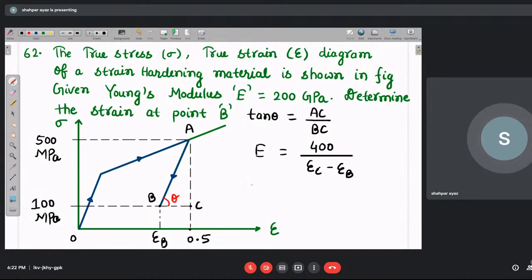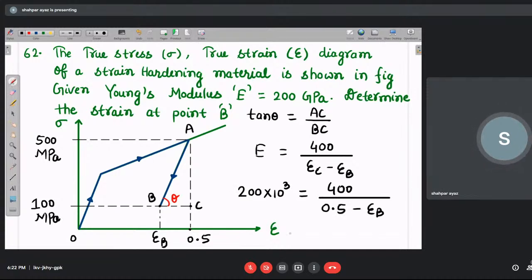So here the modulus of elasticity is 200 into 10 to the power 3, equal to 400 divided by epsilon C, the strain at point C, 0.5, minus the strain at point B, which we need to calculate.